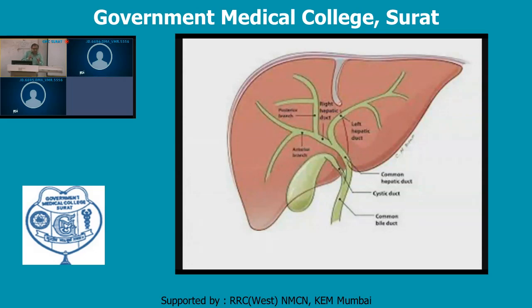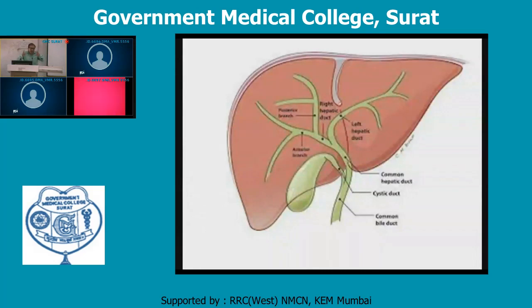Here in this image, these two hepatic ducts can be seen: this is the right and this the left hepatic duct. These two hepatic ducts unite to form a common hepatic duct. So up to the two hepatic ducts, that is the intrahepatic part of the biliary excretory apparatus of the liver.